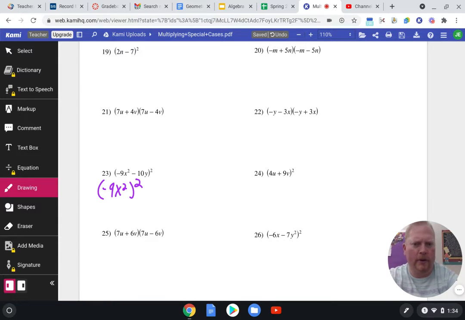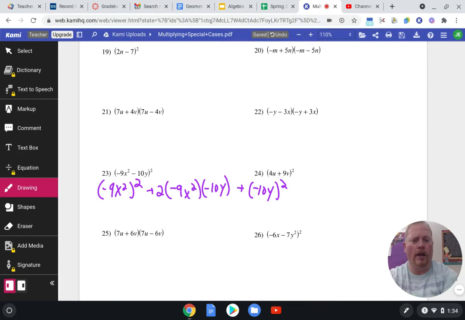Okay, so that's the first part of it. And then plus 2 times negative 9x squared times negative 10y. That's the second part of our formula. Then plus, take the last term, negative 10y, and square it.